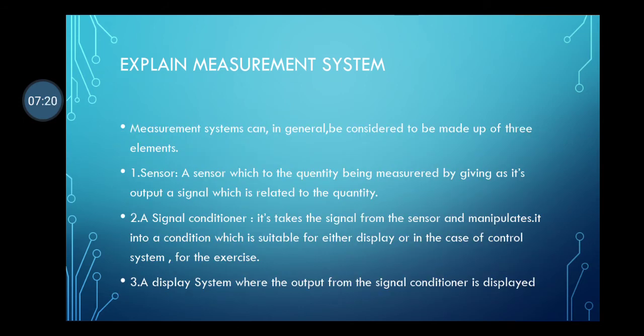Here the measurement system can in general be considered to be made up of three elements.